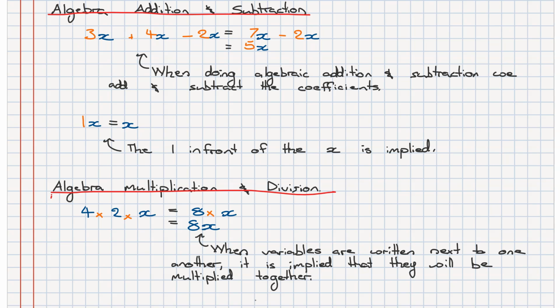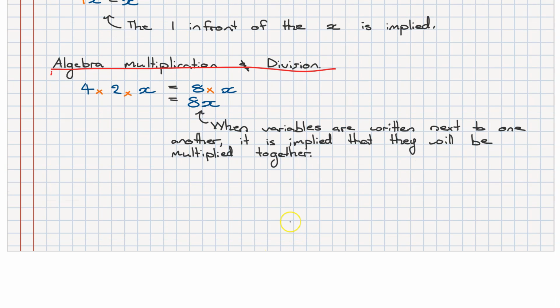Alright, moving on, let's have a look at some division. Imagine that we've got something along the likes of 4 divided by x. So what's going on here is we've got a 4 and we're dividing by x.